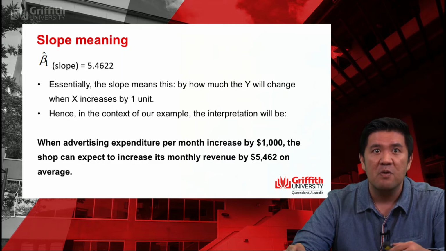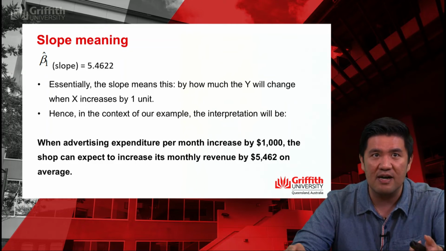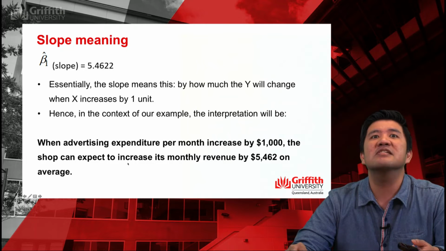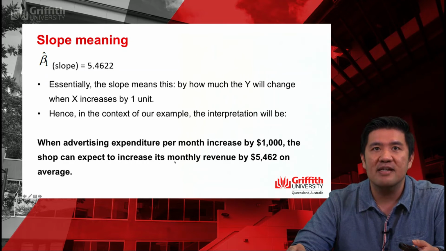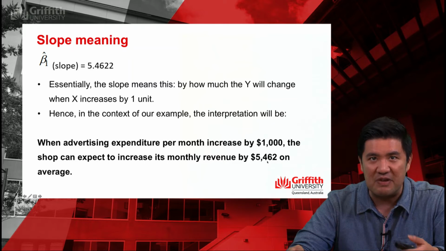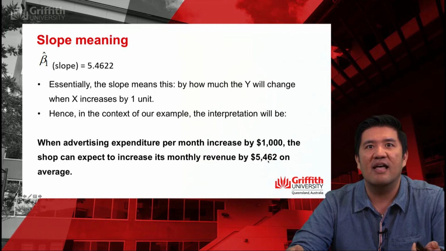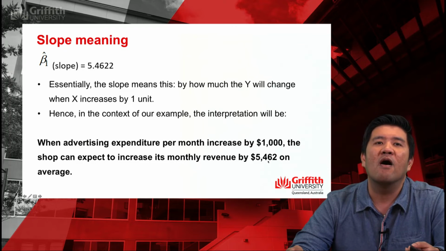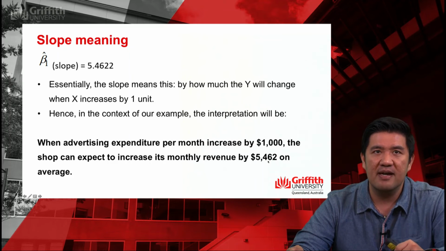Okay? When advertising expenditure per month increases by $1,000, the shop can expect to increase its monthly sales revenue by 5.462 in thousands, $5,462 on average. So let me read that one more time.